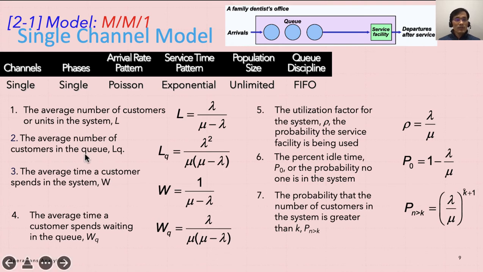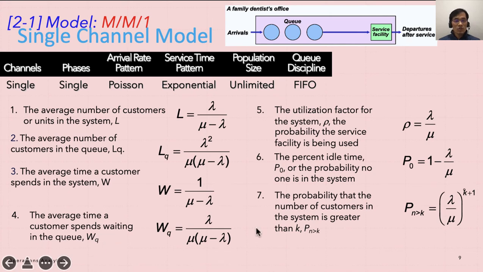The second statistic is LQ. This is similar to L, and it's the average number of customers in the queue. The third one is the average time a customer spends in the system, which is the wait time, W. WQ is the average time a customer spends waiting in the queue.